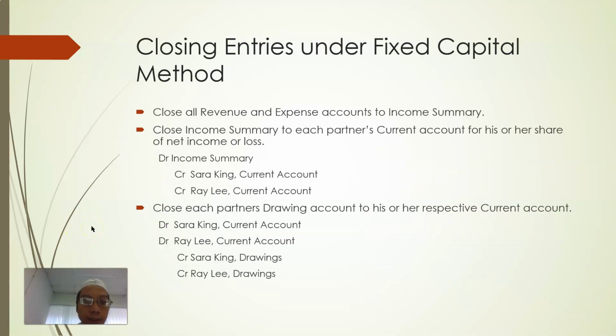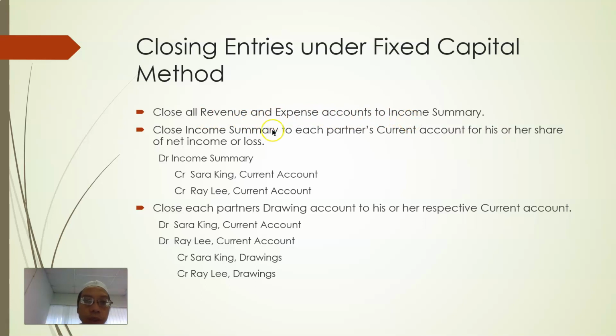Okay, let's see how the differences that we have mentioned before will affect the entries into the accounts. So the main place to look at is the closing entry. For the fixed capital method, and other methods as well as different types of organizations, the first step of closing the accounts will be to close all revenue and expense accounts to the income summary account.